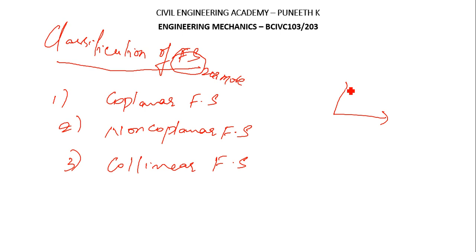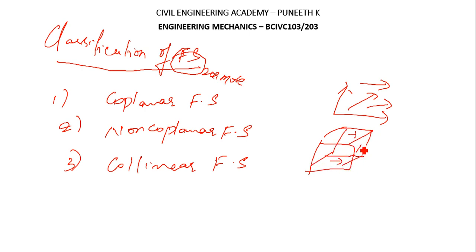If all the forces are acting on the same plane, it is called coplanar. If all the forces are acting on different planes, it is called non-coplanar. These two diagrams indicate the difference between a coplanar force system and a non-coplanar force system.